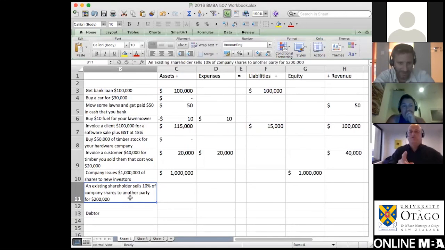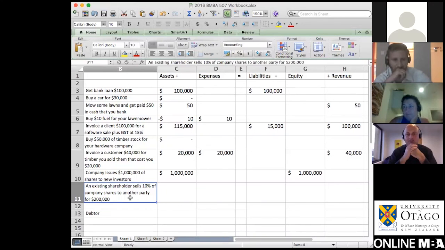So before you fire into it, remember one of those accounting principles that we talked about, being the accounting entity. So just think we've got the company as a separate entity, separate from its owners. So the company can have transactions with its owners, but that might not be the same as owners having transactions with other owners.